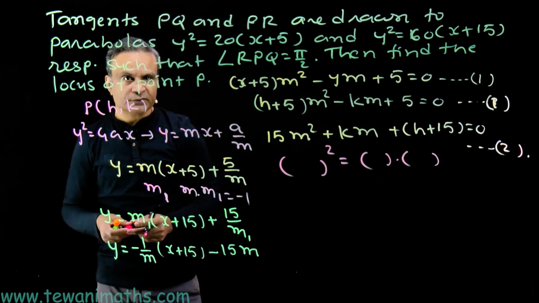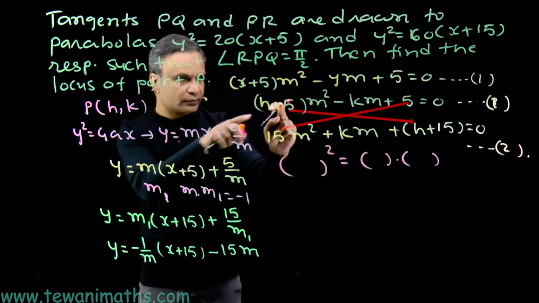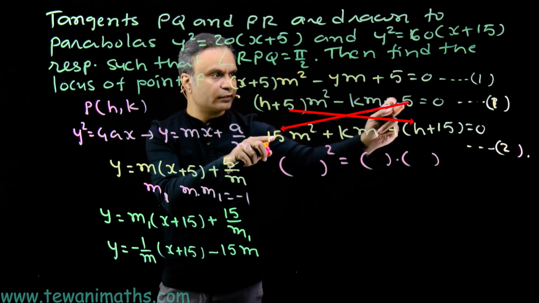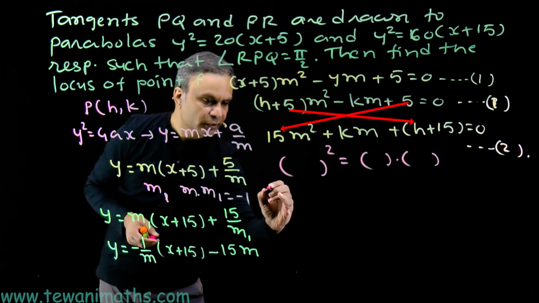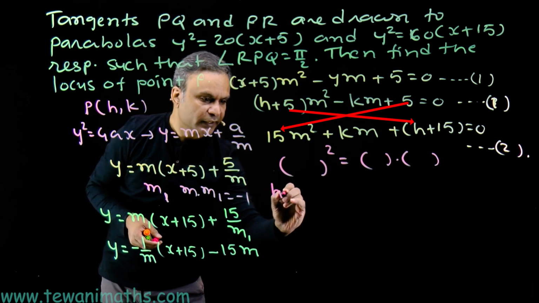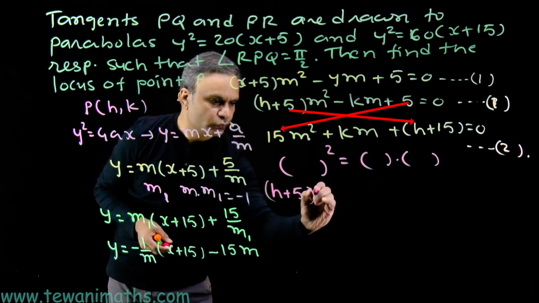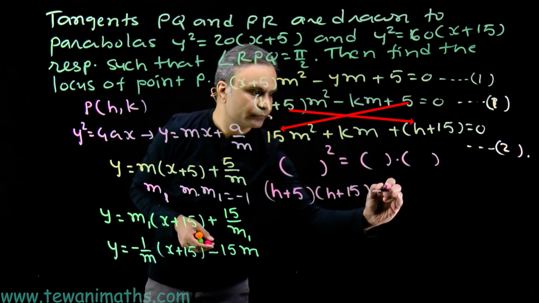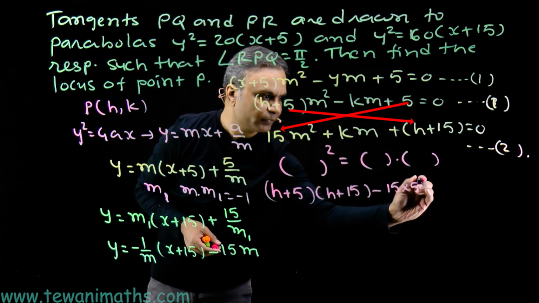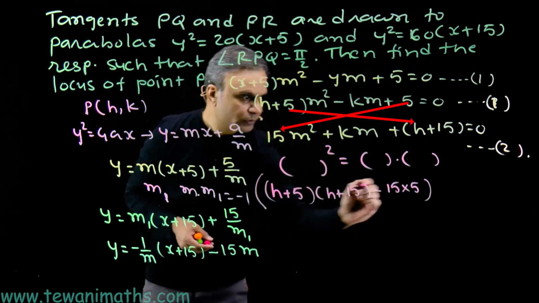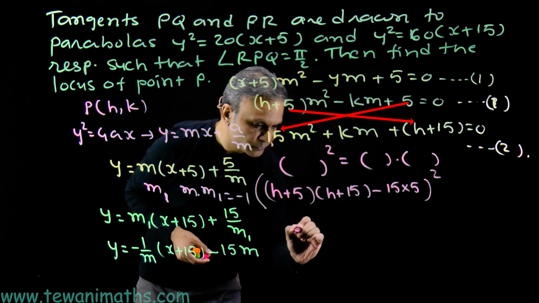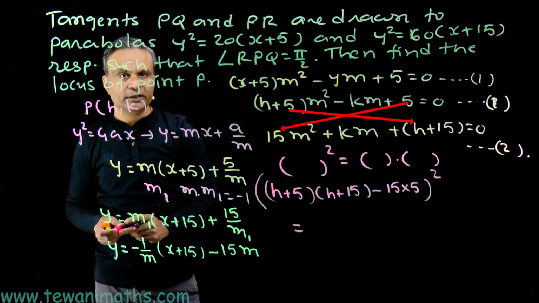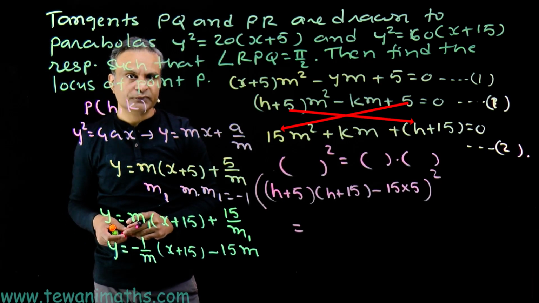Which is that bigger cross? It is h plus 5 into h plus 15 minus 15 multiplied by 5. This is the bigger cross. We have the square of the bigger cross is equal to the product of two smaller crosses. Which will be those two smaller crosses?